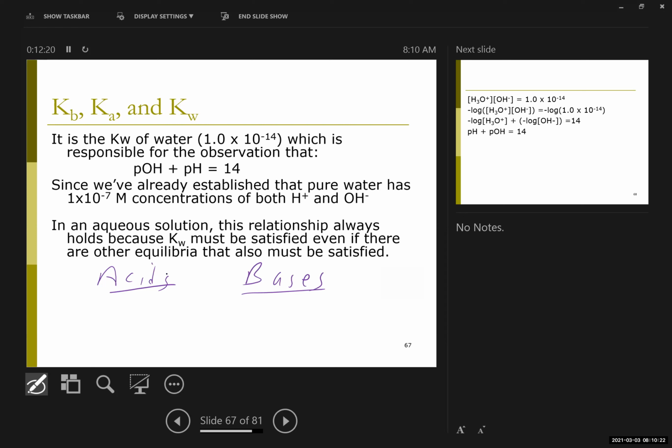If you've got something with a giant K, it's going to naturally dominate. But it doesn't do it by choice. It just ends up dominating because that's the way the equation's balanced.